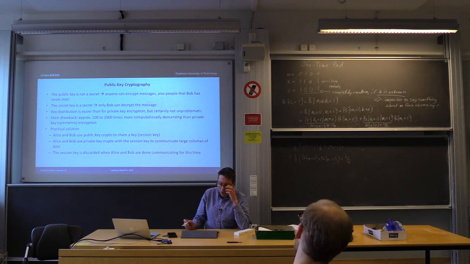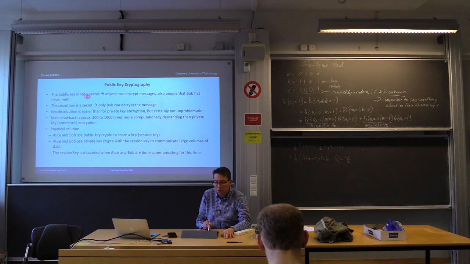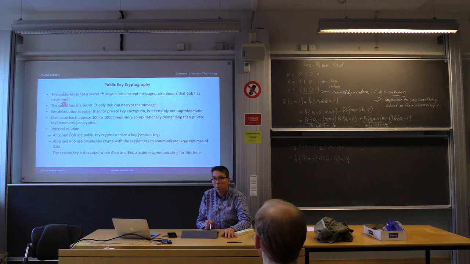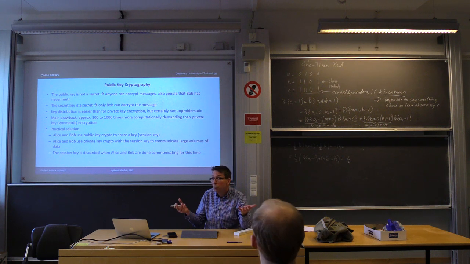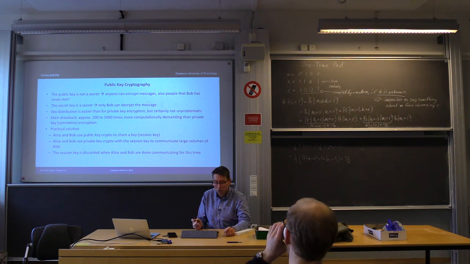So a few things about public key cryptography here. The public key is not the secret. It's important to remember that anybody can encrypt messages, also people that Bob has never met. If Bob is the Amazon server, that server would like to communicate with new customers, not only old customers, so this is a big advantage.